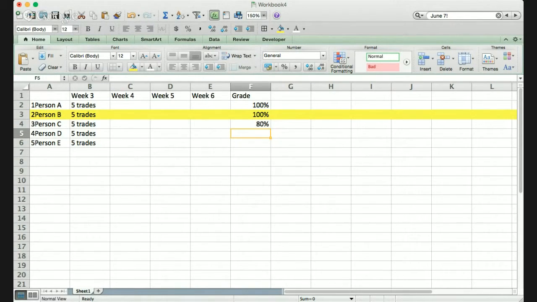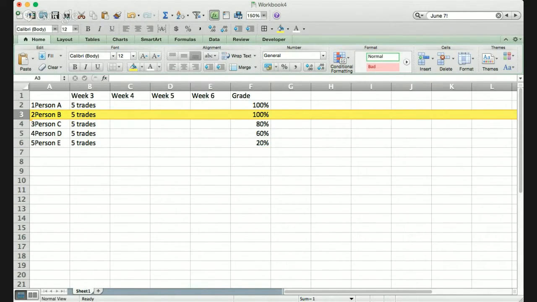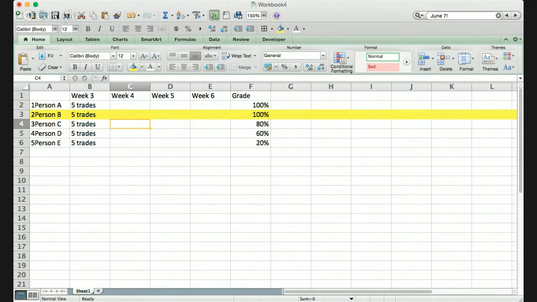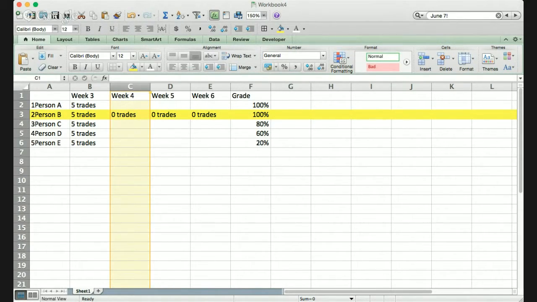No, 80%, 60%, and I think this is 20% out of whatever the possible grade was. Person B says, listen, I'm better off if I do this. There's a really good possibility that I am going to finish off with a higher percentage, a higher return. So I'm just going to put in a week 3 return column.